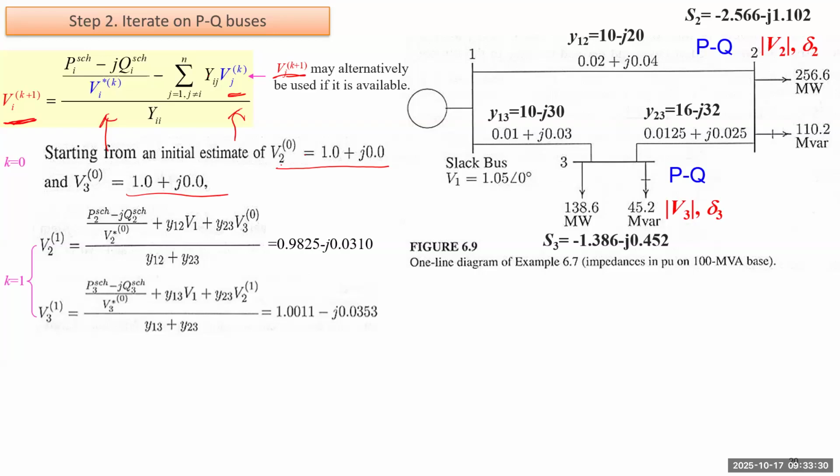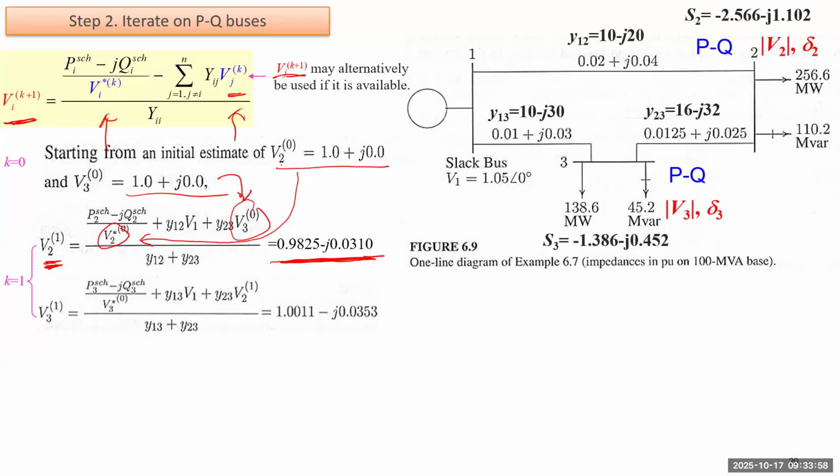So we calculate bus 2. We plug in the initial estimate for bus 3, and here the initial estimate for bus 2. And then we get this value. So this value is the result after iteration 1 for bus 2.